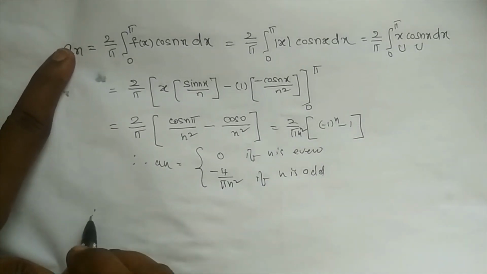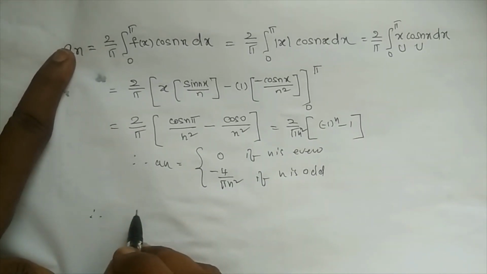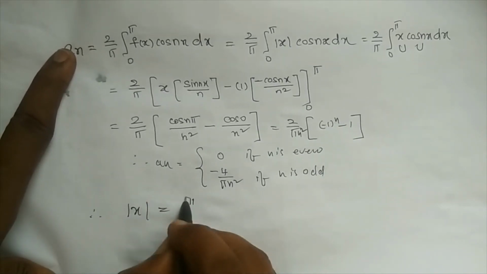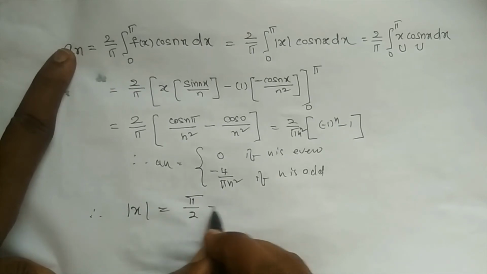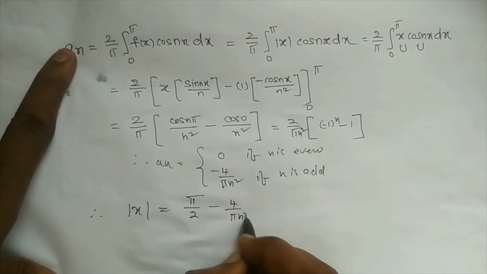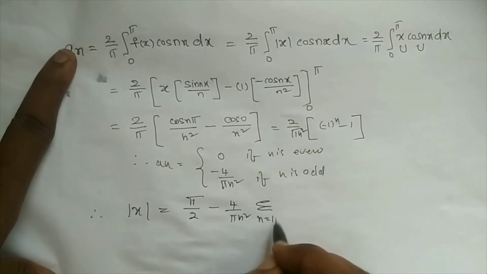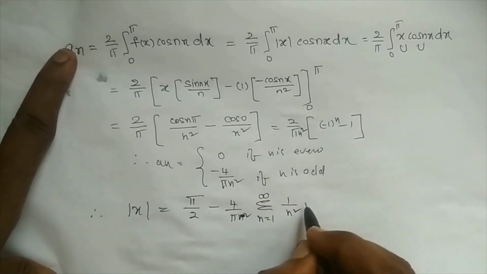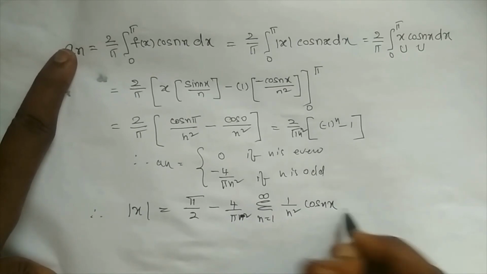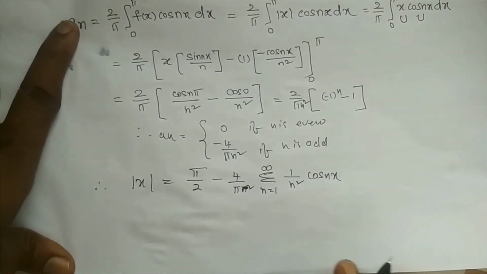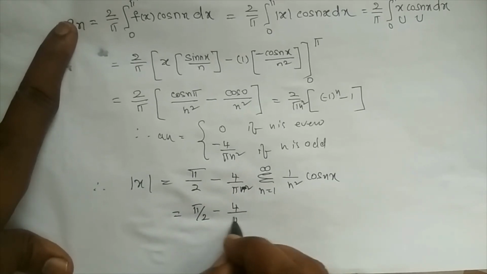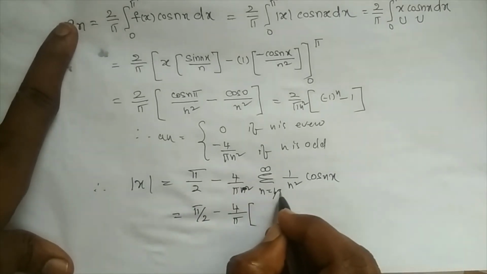So therefore substitute the a naught and an values in equation number 1. Mod x is equal to, a naught is pi by 2, plus minus 4 by pi n square, summation n is equal to 1 to infinity, 1 by n square cos nx. So this is the final answer: pi by 2 minus 4 by pi, and it is valid only for odd n, n is equal to 1, 3, 5.